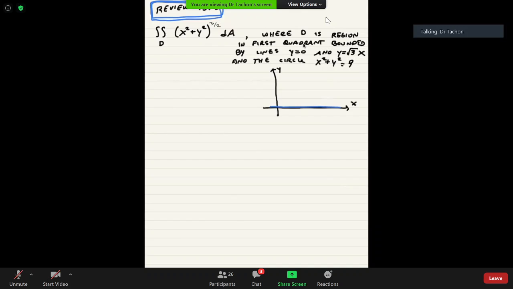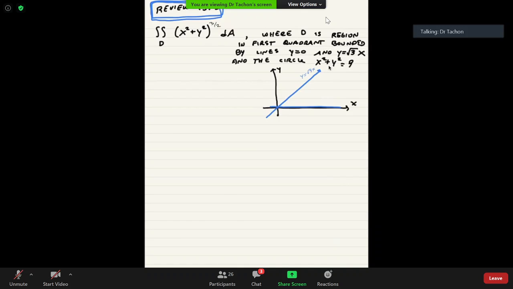Then the line y equals radical 3 times x plus 0 goes through the origin. So here's y equals radical 3 times x.